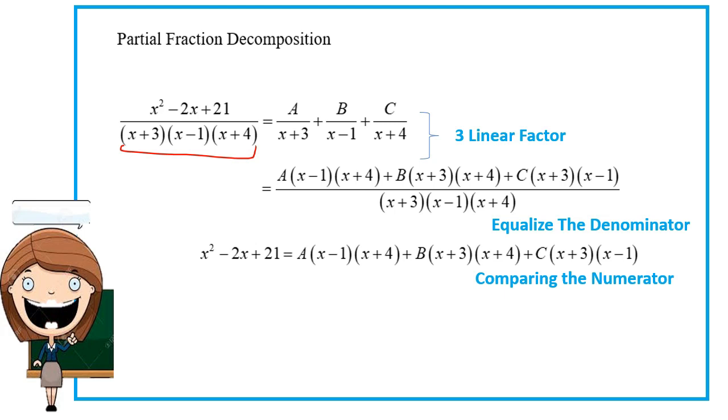And then we equalize the denominators and compare the numerators to find the values of a, b, and c. For these cases, it is easier if we use the method of substituting values, so we may substitute the values of 1, minus 4, minus 3, and so on. Okay, so we need only 3 substitute values.